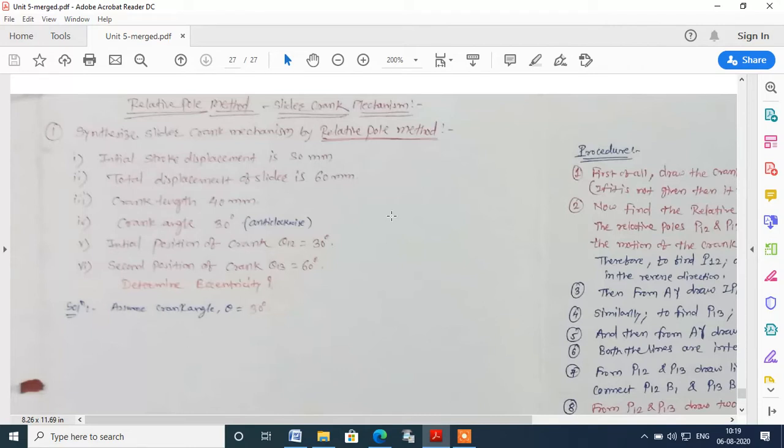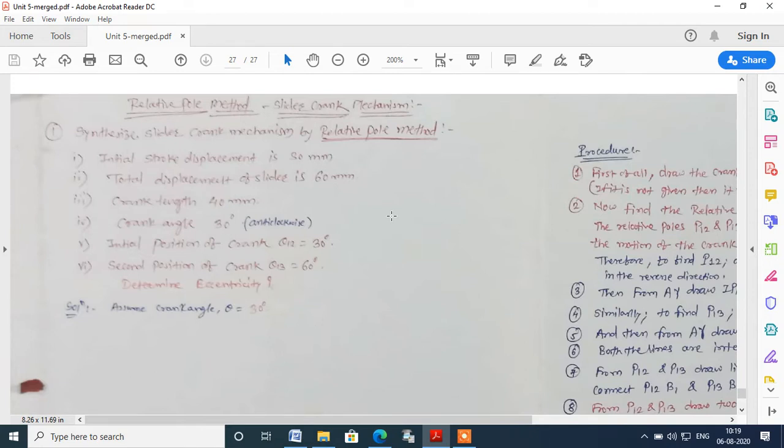Now another important method is the relative pole method. This is also a graphical method of dimensional synthesis. Today we will see the relative pole method for a slider crank mechanism.